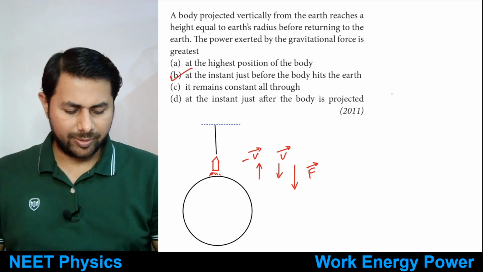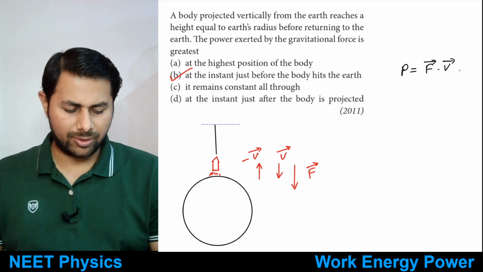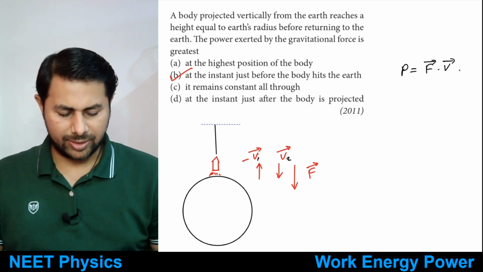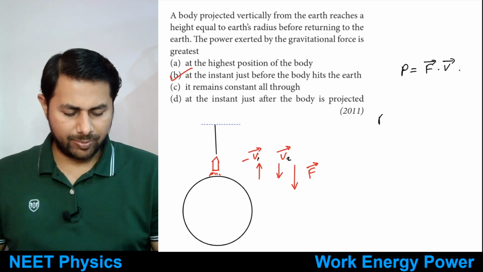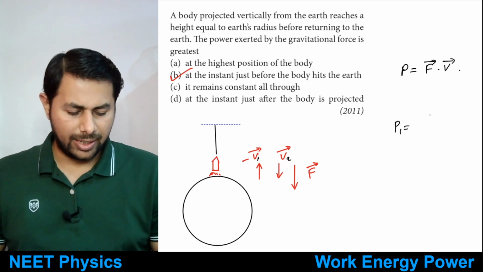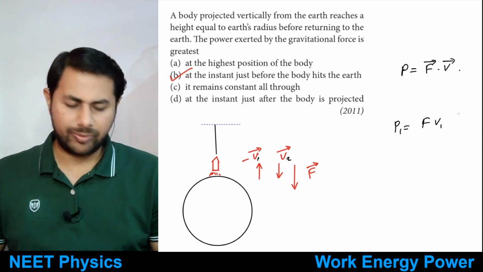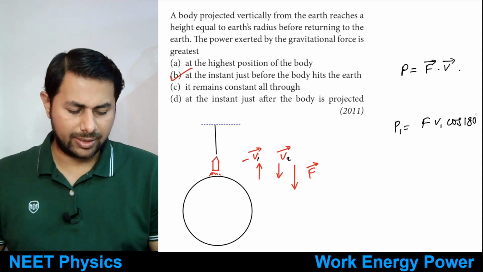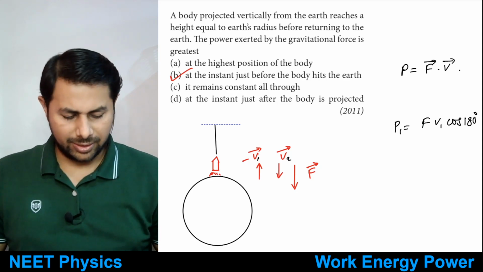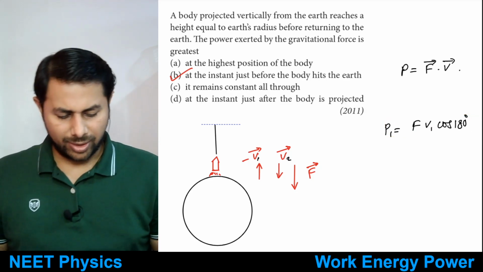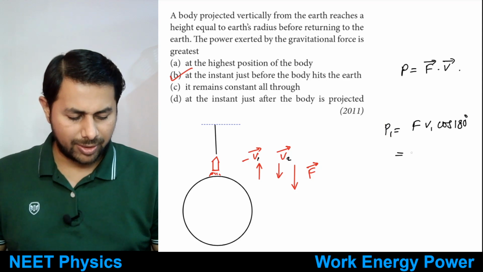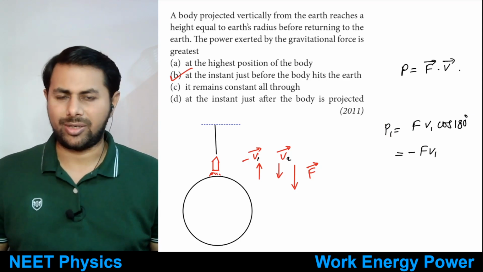So power is F bar dot V bar. Let's say this is V1, this is V2. Initial power, when it's projected, P1 is equal to F times V1 multiplied by cos of 180 degrees, since it is a dot product. Cos 180 is minus 1, so the power is minus F times V1.